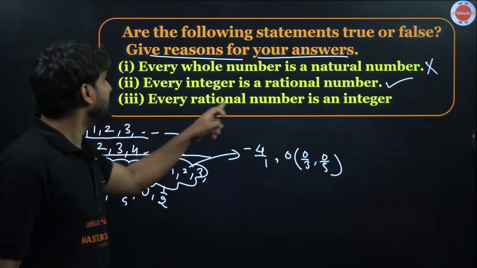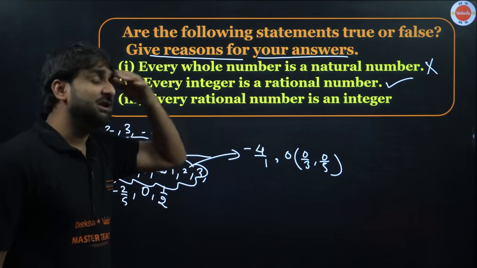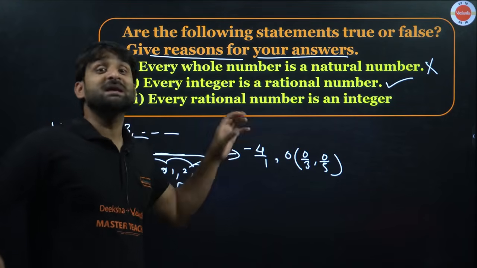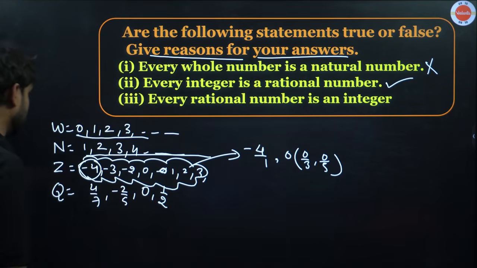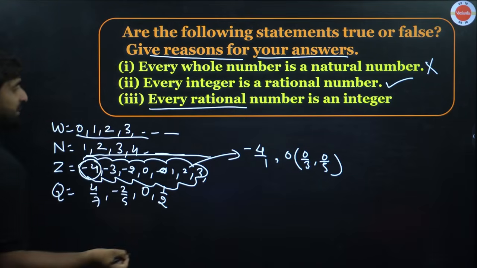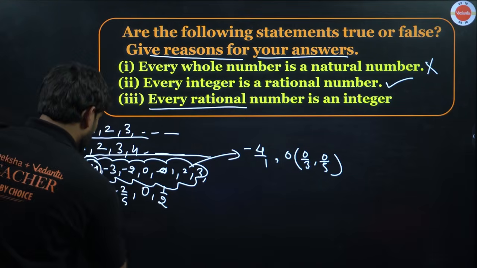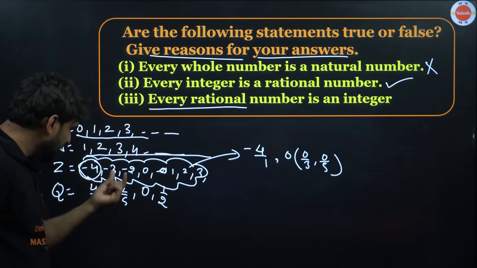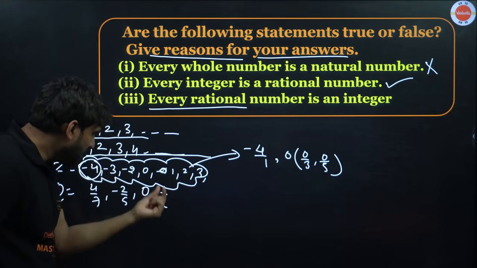Third is, every rational number is an integer. Let's check it once. These are rational numbers: 4 by 7, -2 by 5, 0, 1 by 2.